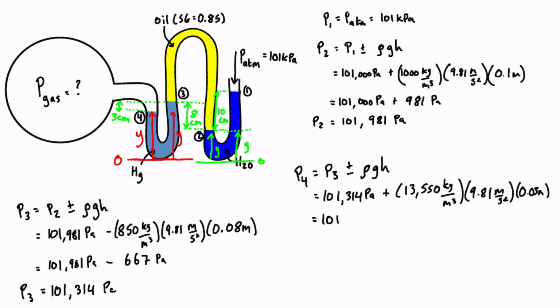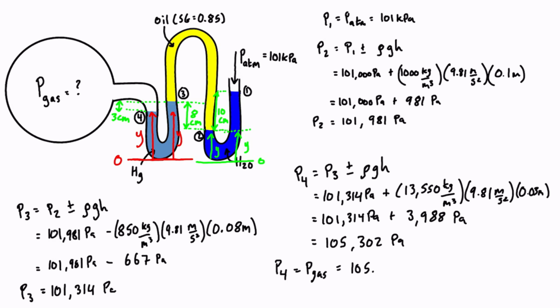When we simplify that right-hand term, it comes out to 3,988 pascals. The sum of those two is 105,302 pascals. So P4 is equal to P gas, our gas pressure, which is 105.3 kilopascals.